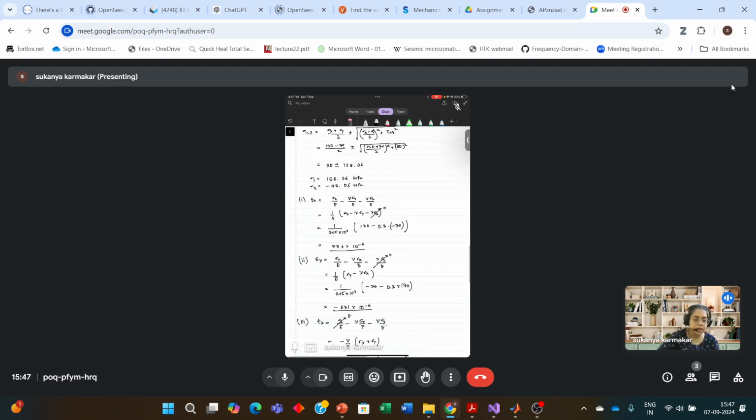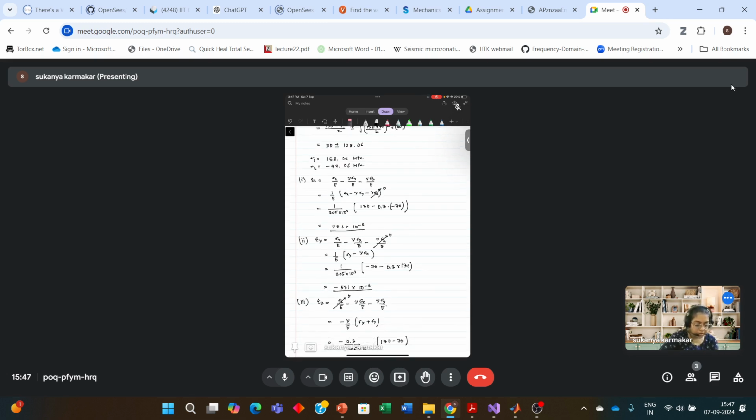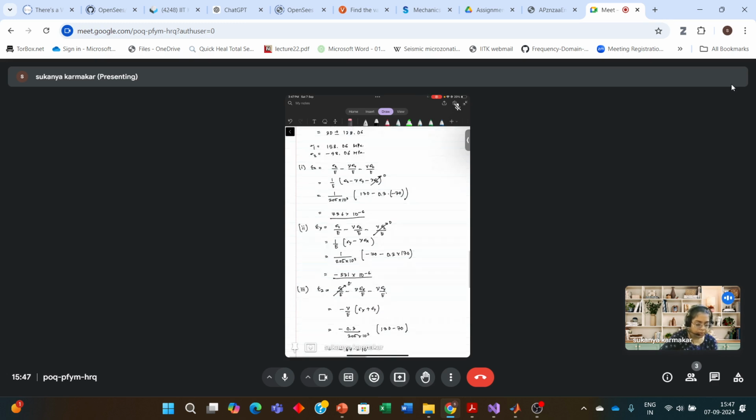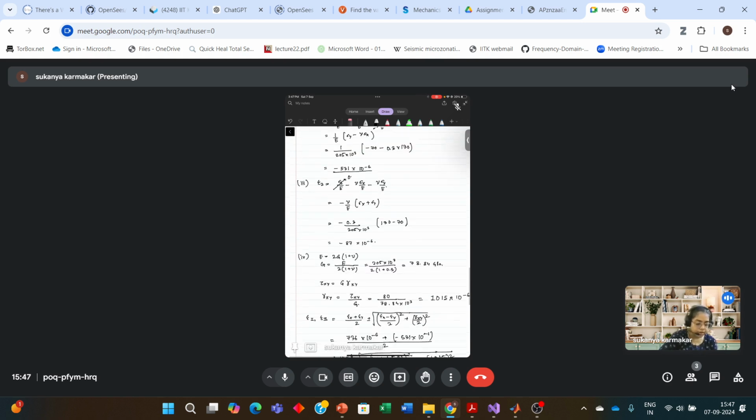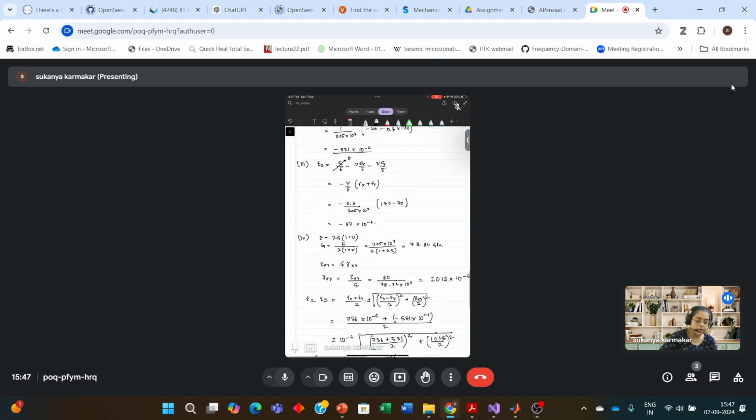Why did you have the strain in z direction? Because of the Poisson's ratio effect, because of these terms of minus nu sigma x by E. Basically because of the Poisson's ratio effect, you had strain in z direction. Then, using this constitutive relationship, you could calculate.